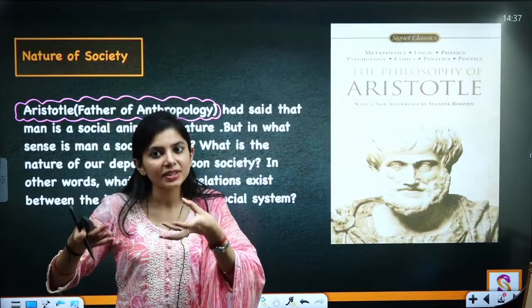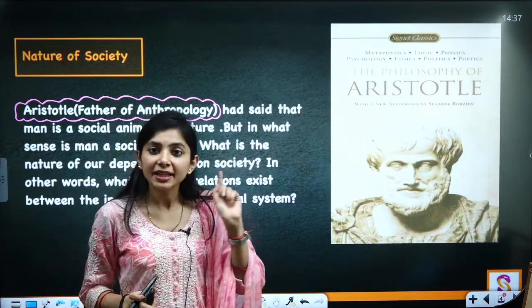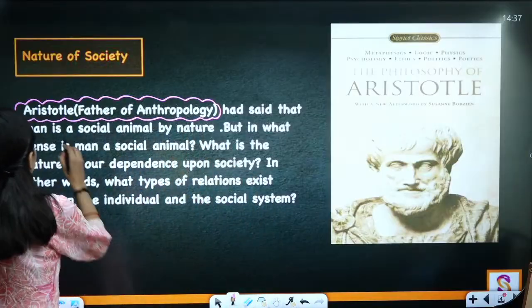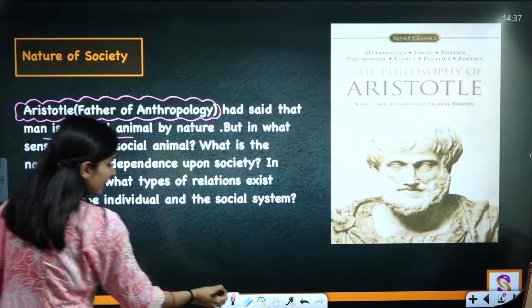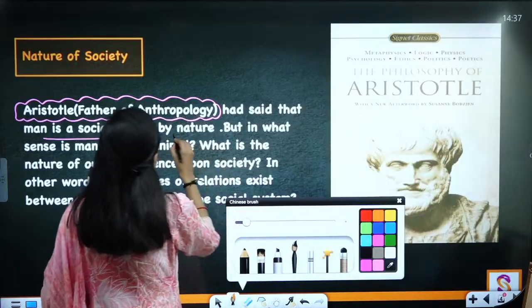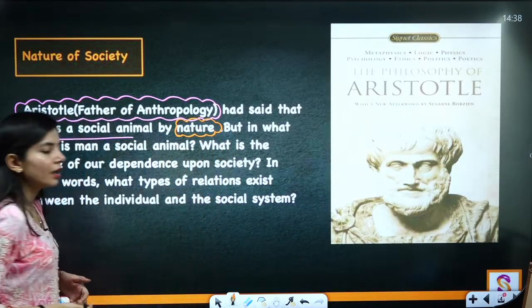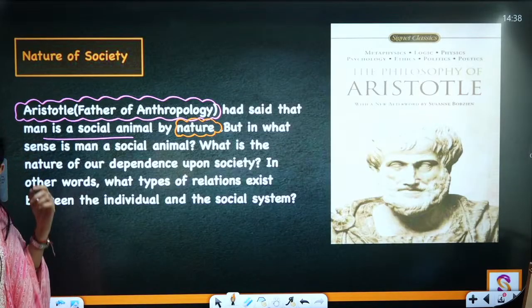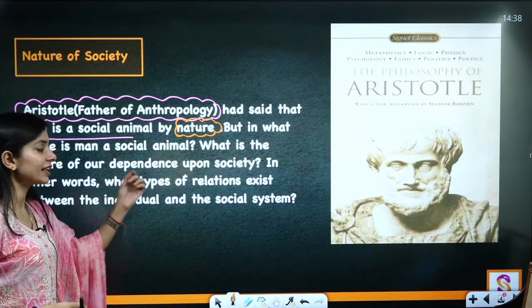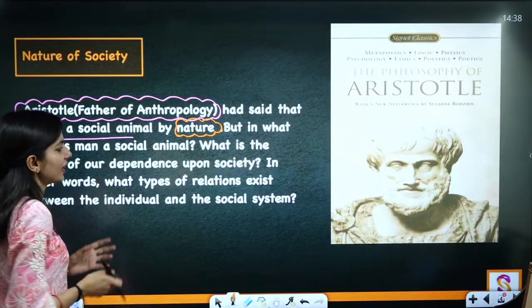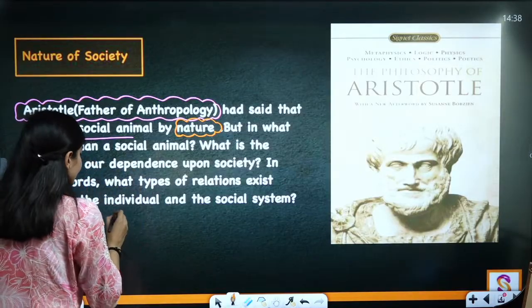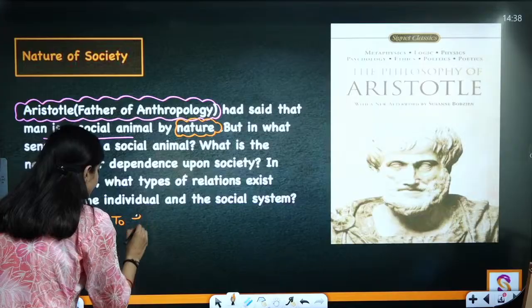Because this is how they are formed. In the same way, he said that man is a social animal, and man is a social animal by nature. It means whenever we ask why society was created, the basic fact is this: society is created to fulfill the needs.